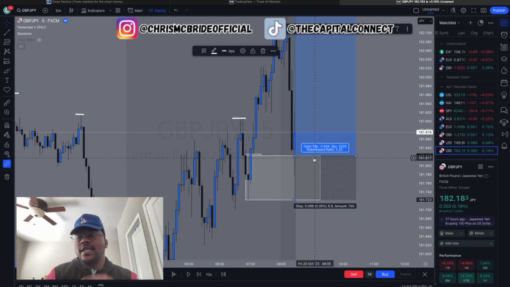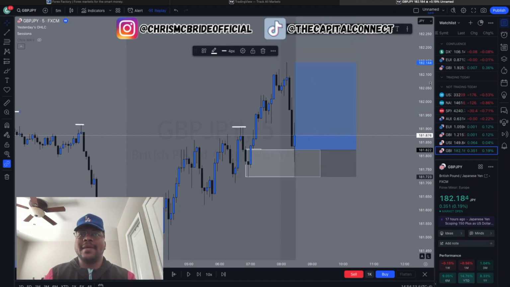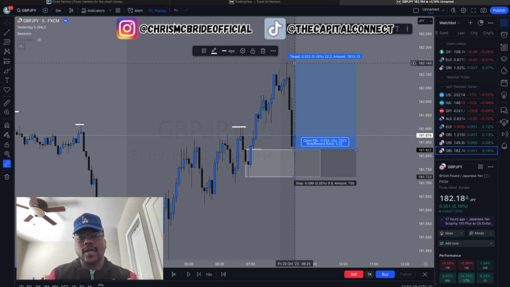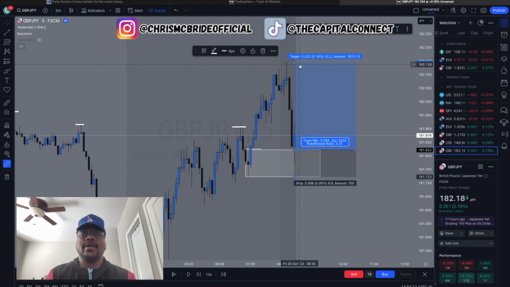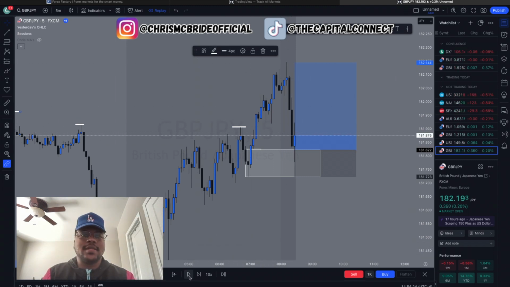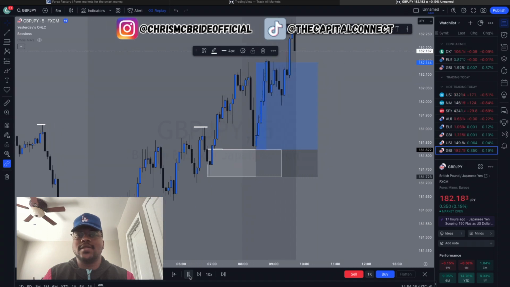I'm just entering as soon as it enters the zone. And then my TP is always going to be the recent high for demand and the recent low for supply. So in this case, the target would have been about 32 pips. And as we can see, man, if I play this out, the rest is history.